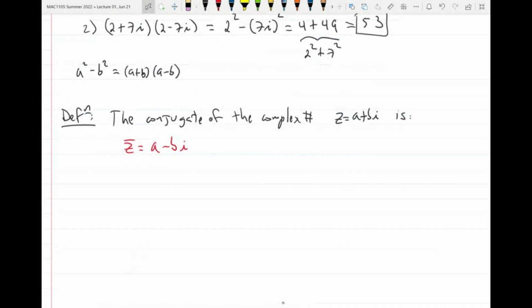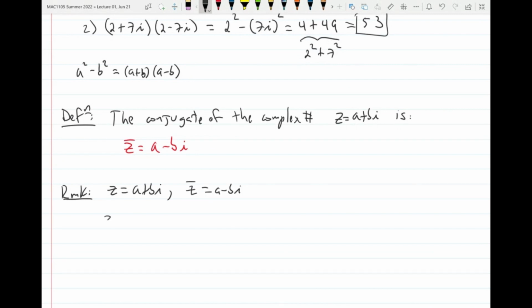And then the theorem is, or the remark, I mean, it's just a tiny little observation, is that if you do, let's say that z is equal to a plus bi, then z bar is a minus bi. So when you do z times z bar, in other words, a plus bi times a minus bi, what is this?